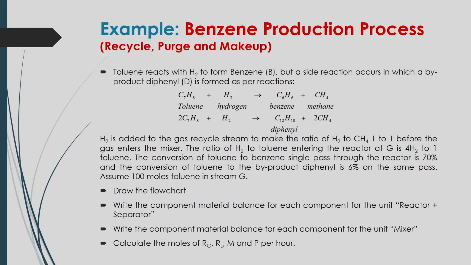Now, what is the reaction process going on during benzene production? In this case, toluene reacts with hydrogen to form benzene, but a side reaction will also occur, in which a byproduct, diphenyl, denoted by D here, is formed. In the main reaction, toluene reacts with hydrogen and gives benzene and methane.